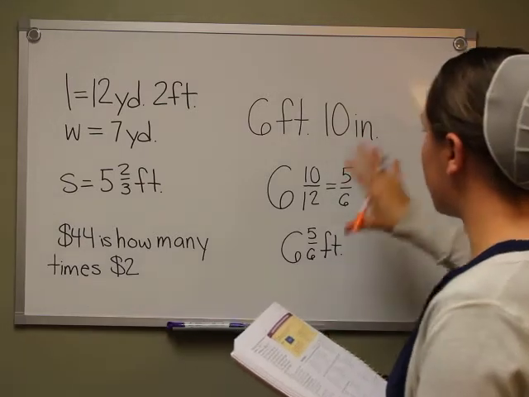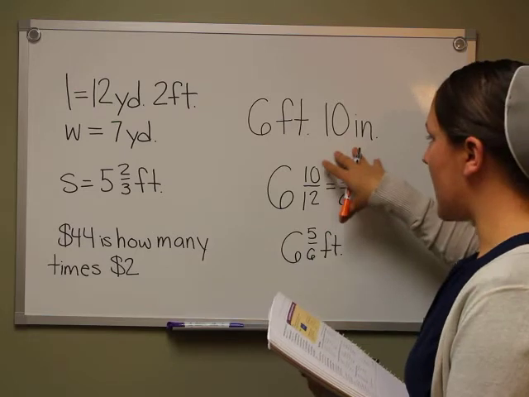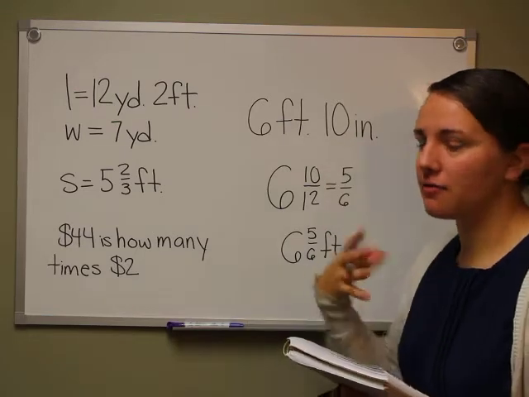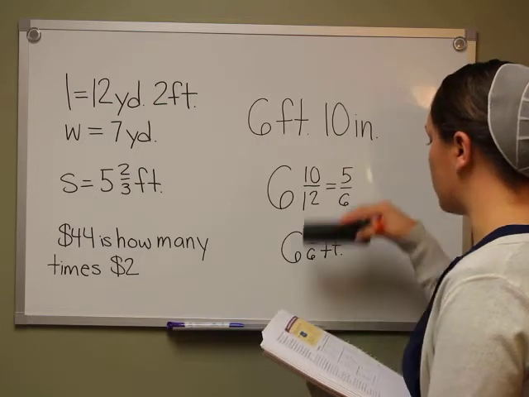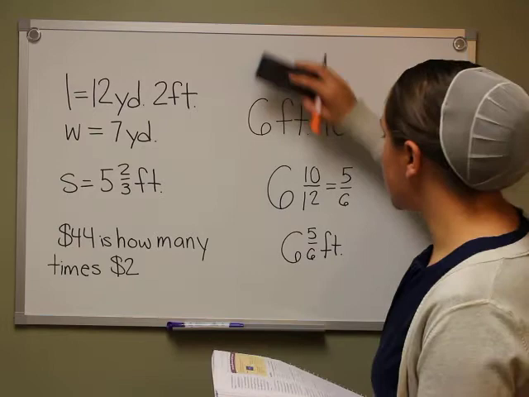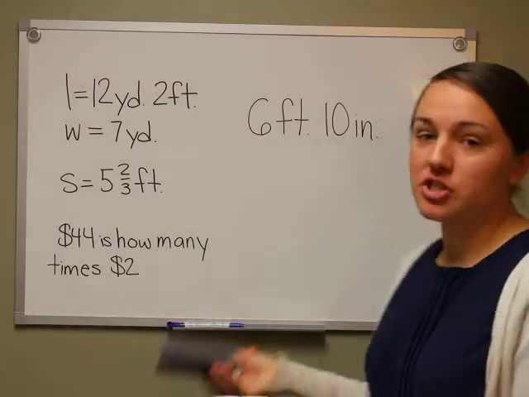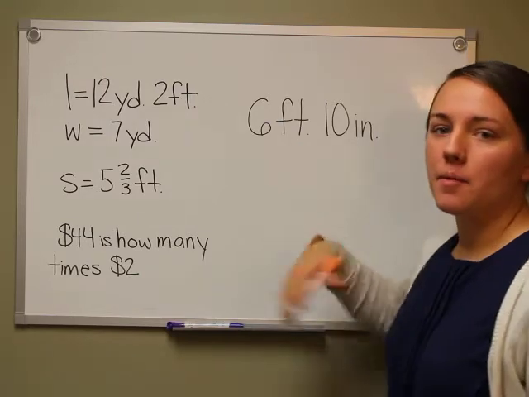If we have a player who is 6 feet 10 inches, to show this as feet, we just make it a fraction because this is a fraction of a foot, so 10 over 12, and then that equals 6 and 5/6.